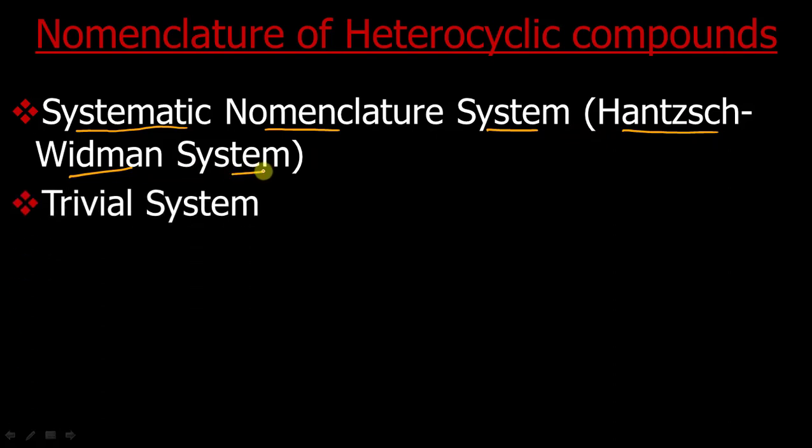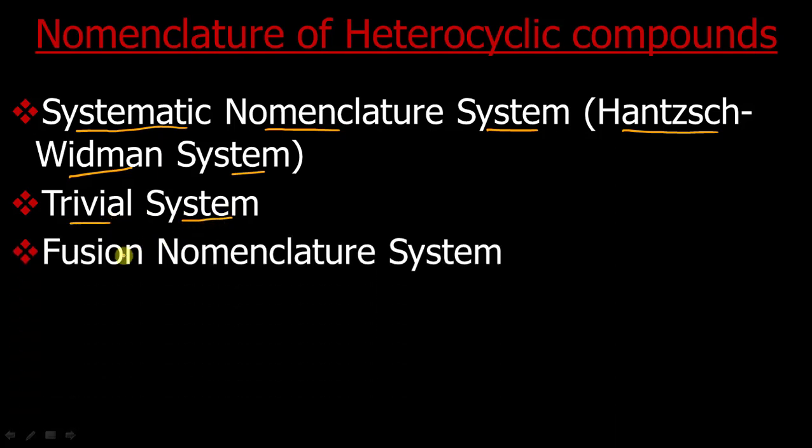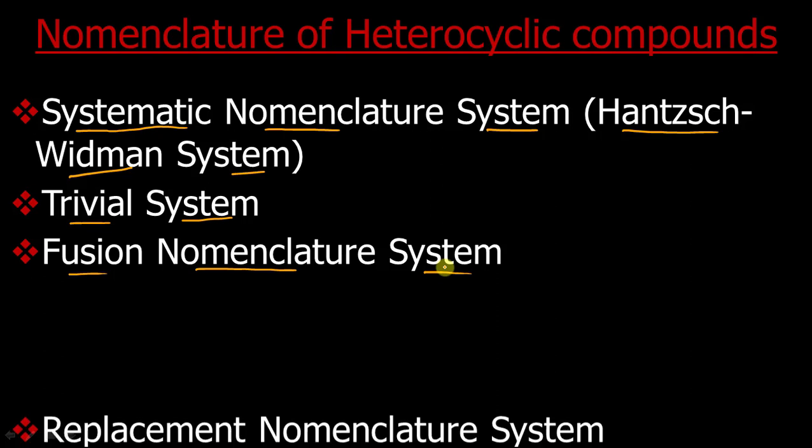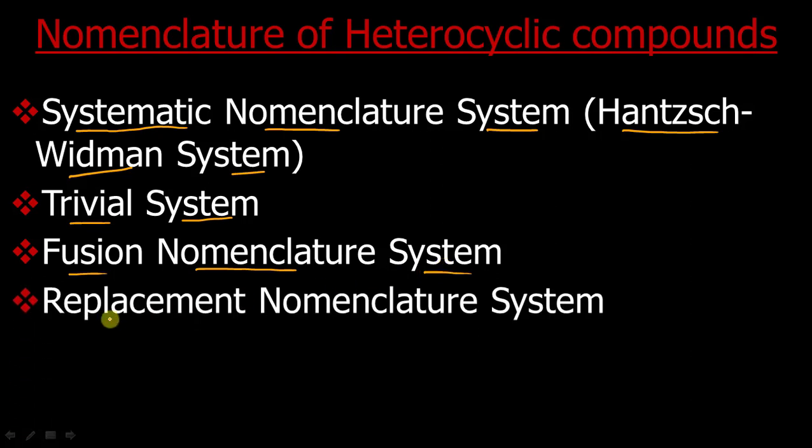The second way by which we can name these compounds is called the trivial system. The next system is the fusion nomenclature system. And the last system, and the most commonly used and easiest of all these, is the replacement nomenclature system.